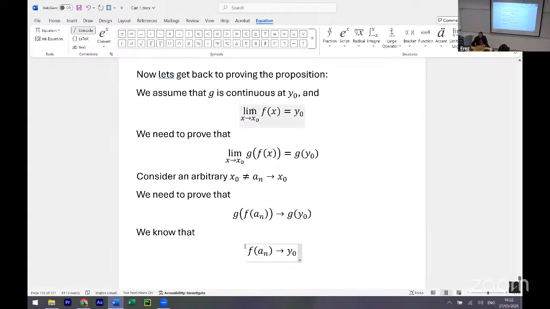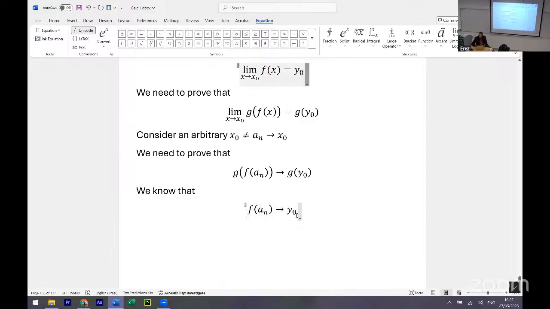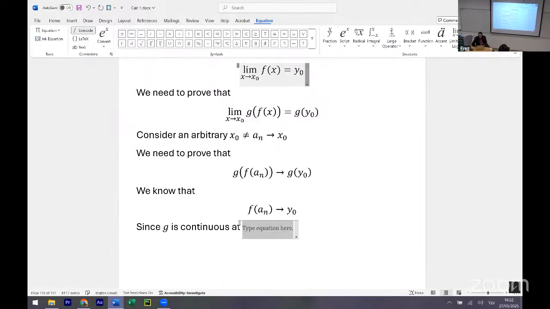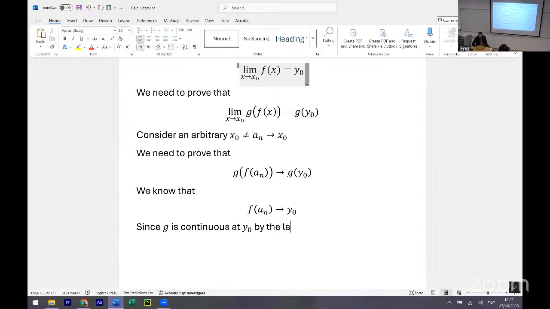Right? We know that the limit of f is y0. If we plug in numbers close to x0, the y values would be close to y0. And since g is continuous at y0, by the lemma, we can apply it to both sides.